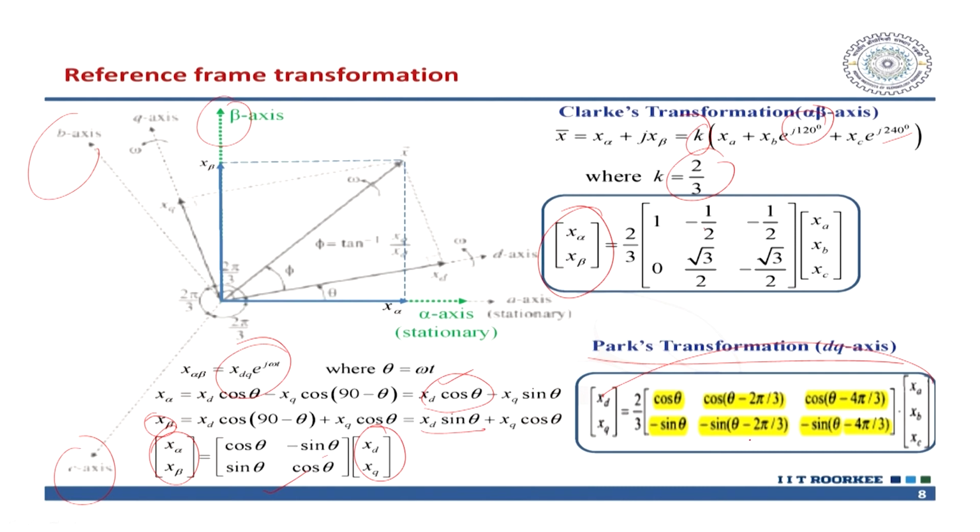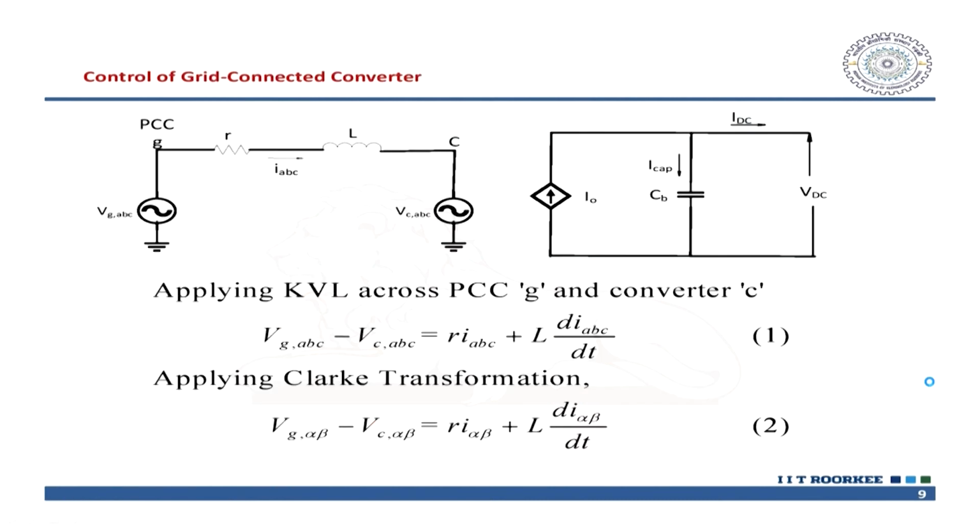Similarly, sin theta, sin(theta minus 120 degree), sin(theta minus 240 degree) into x abc. So, in this way we can compute alpha beta to dq frame or directly ABC to dq frame, and if you take the matrix inverse of it, then it is called the reverse Park transformation.